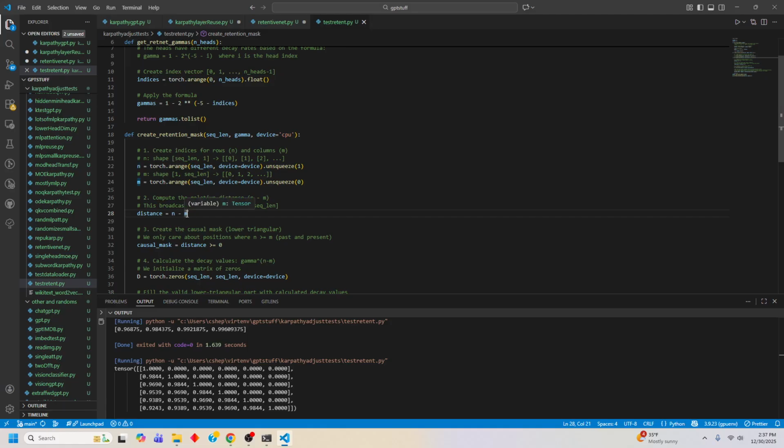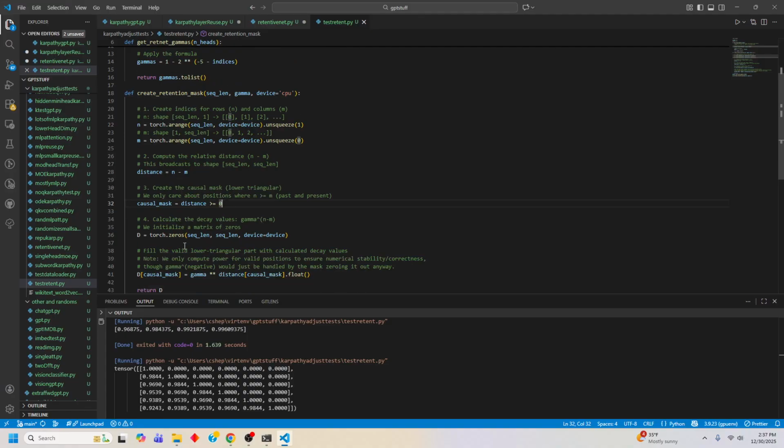If m is greater than n, which would make distance less than 0, then it's going to set that one to 0 with this causal mask. Otherwise, it'll do, okay, so yeah, that's the causal mask.